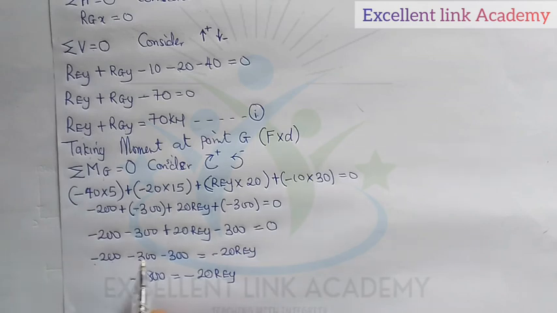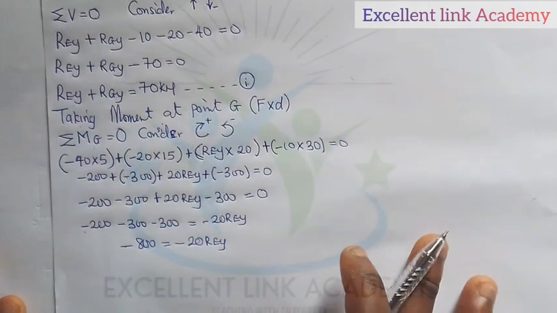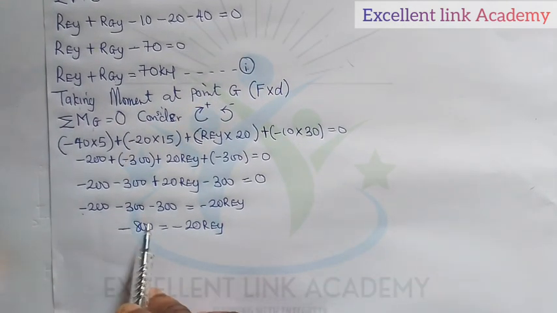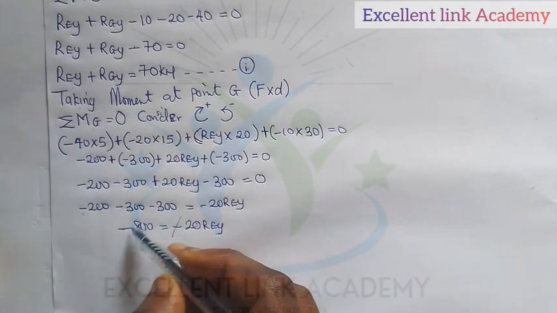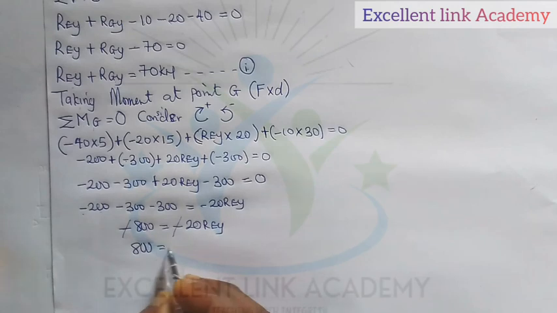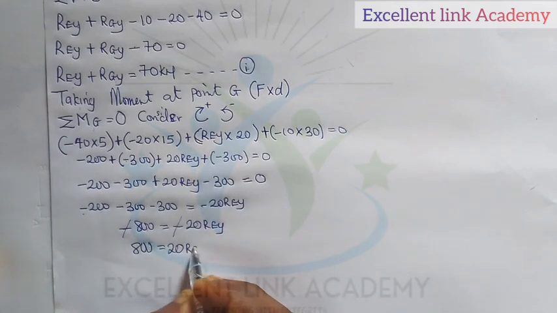Minus 800. Hence, in mathematics, if you have minus in both sides of the equation, it cancels out. Cancel out this, cancel out this. I'm left with 800 is equal to 20 REY. Hence, divide by 20.